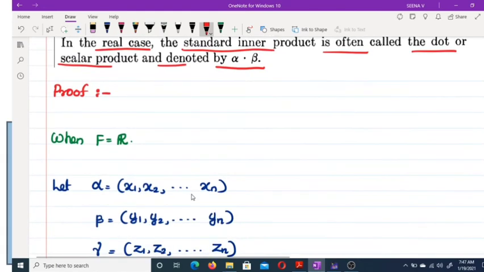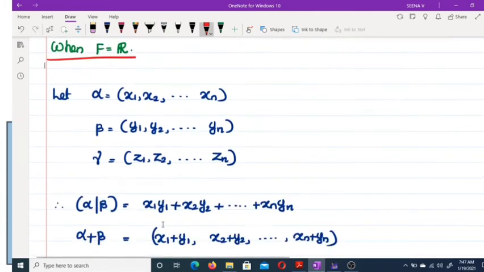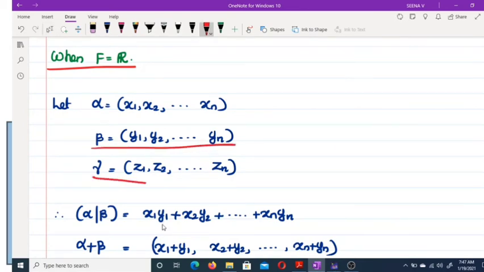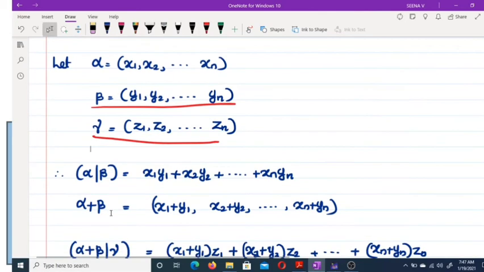Moving to the proof, here we are proving the result for F equal to R. In the case F equal to C, you can try in a similar manner. Let alpha be equal to x1, x2, etc., xn, beta equal to y1, y2, etc., yn, and gamma equal to z1, z2, etc., zn. The inner product of alpha and beta is x1 y1 plus x2 y2 plus etc., plus xn yn.